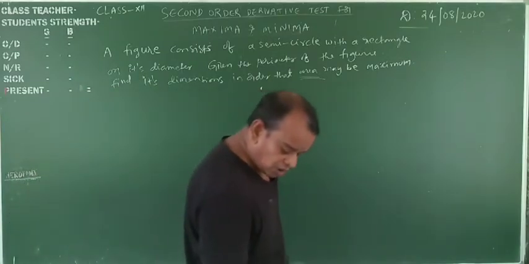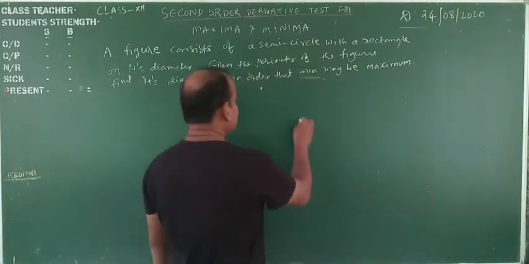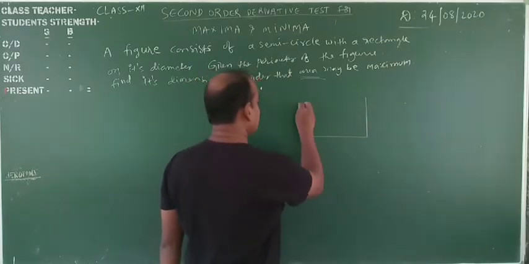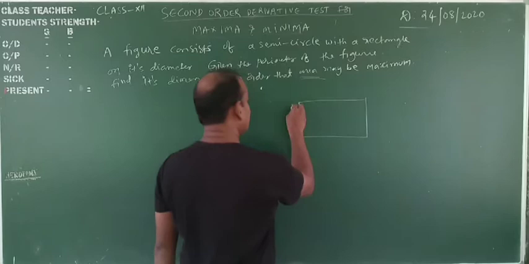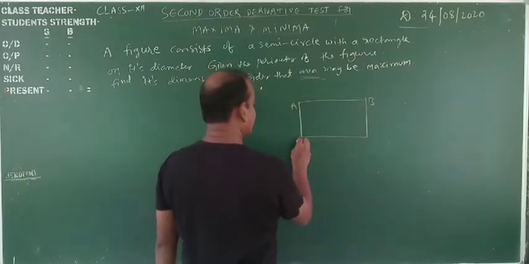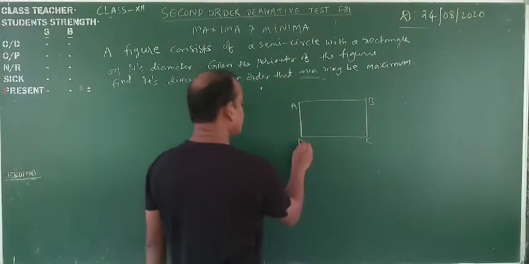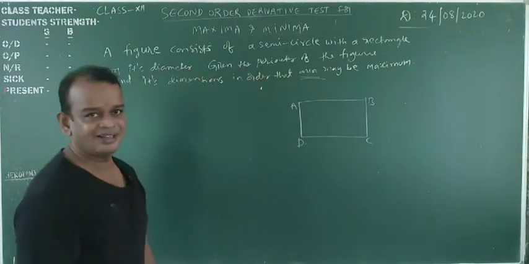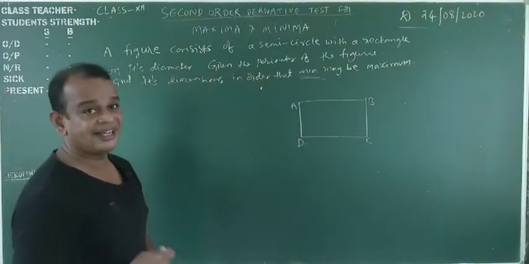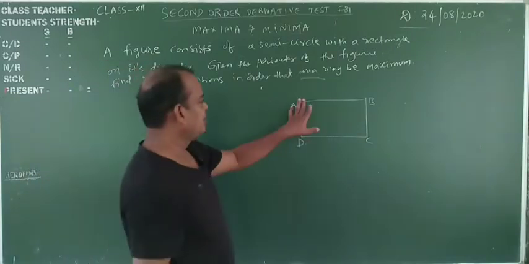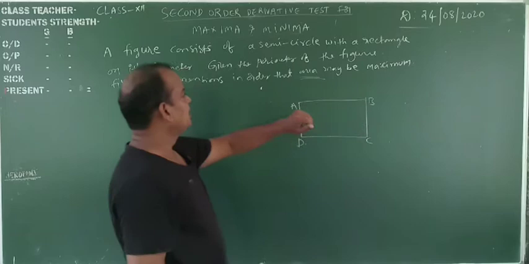Now draw the diagram. For suppose ABCD is a rectangle. Now a semicircle is described, one of the sides 100% on AB as the diameter.